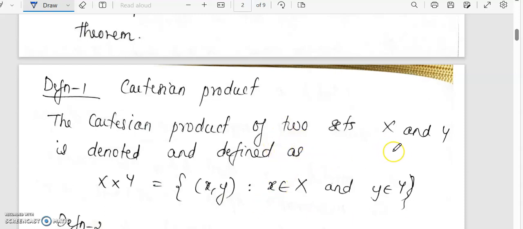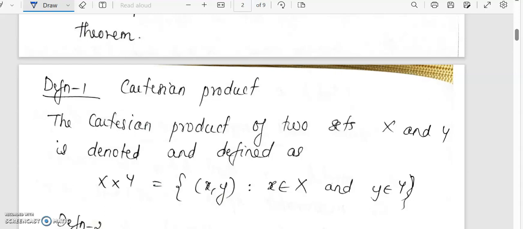If you have two sets X and Y, the Cartesian product is denoted by X cross Y. X cross Y is defined as the set of all (x, y) such that x belongs to X and y belongs to Y. That is, the collection of all ordered pairs (x, y) where the first entry comes from capital X and the second entry comes from capital Y. That is what we mean by X cross Y, the Cartesian product of sets X and Y.